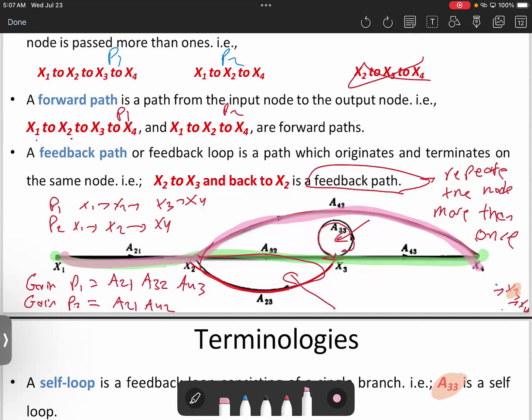The other thing we discussed is the gains. Instead of saying we travel from X1 to X2 to X3 to X4, we can multiply the gains by mentioning A21 times A32 times A43. This is called the path gain. How about the loop gains? You can say A23 times A32. That's also a loop gain.